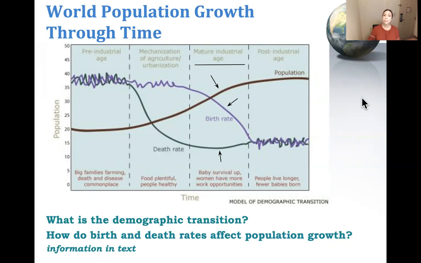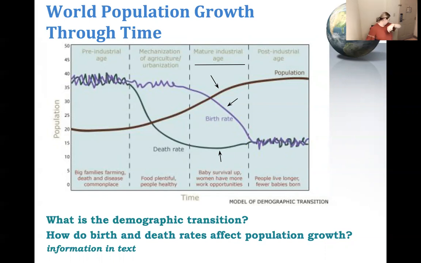Now, remember from the previous recording, with total fertility rate, women who do not have work opportunities tend to have a higher fertility rate, which, like I said before, is not a judgment statement, it's just the data. So as women start to enter the workforce, that birth rate also goes down.